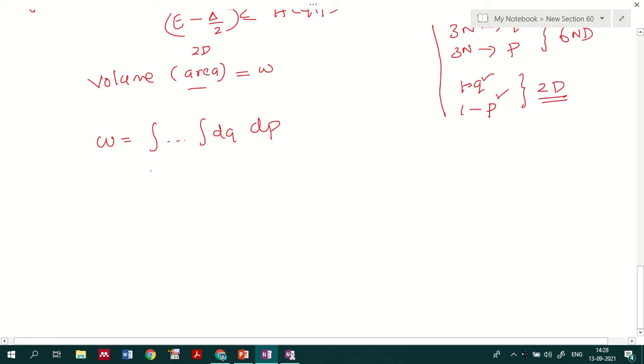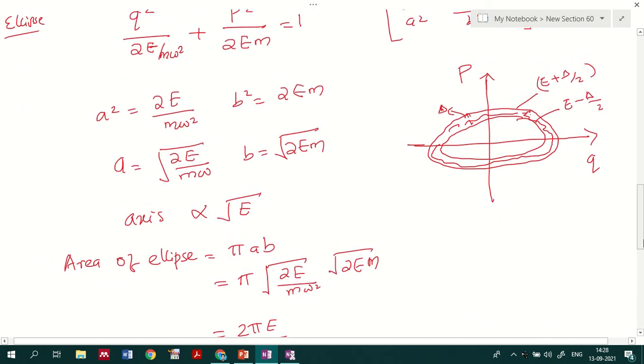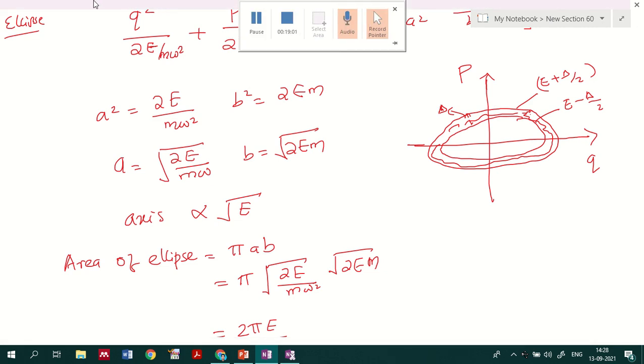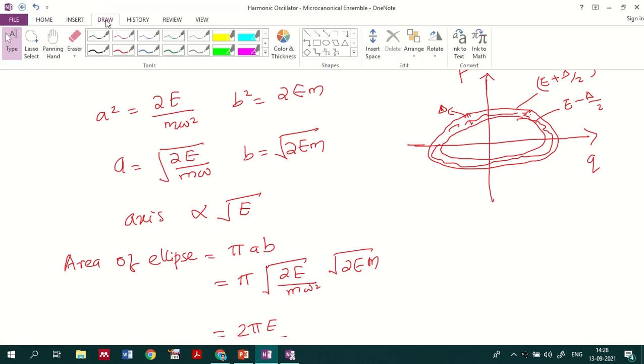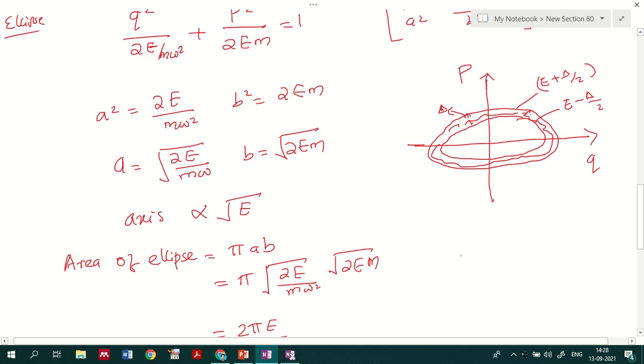Now what I do here is, when you consider the area, we are basically taking the area between these two energy levels, that is E plus delta by 2 and E minus delta by 2. We are specifically interested in this particular energy interval region.